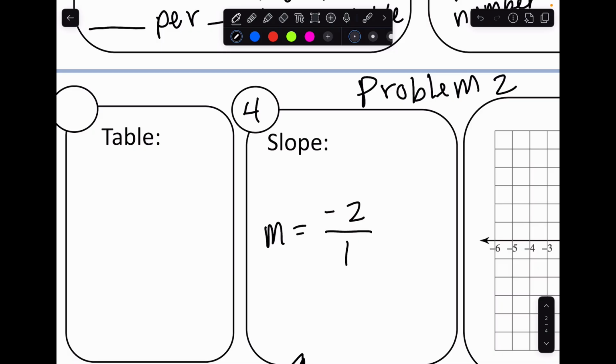And since this is negative, we know we're going to go down 2 because our rise is negative. So down 2 and still over 1. Good.